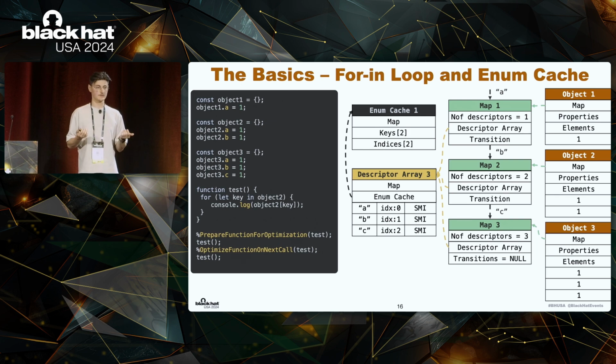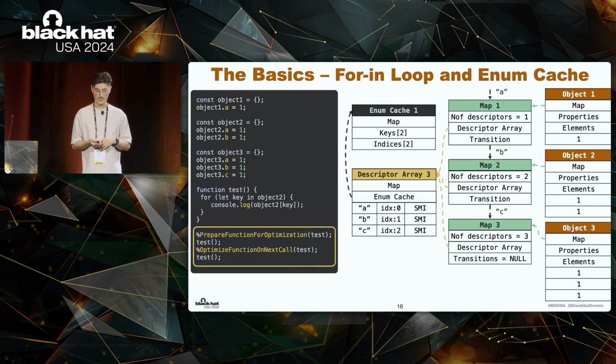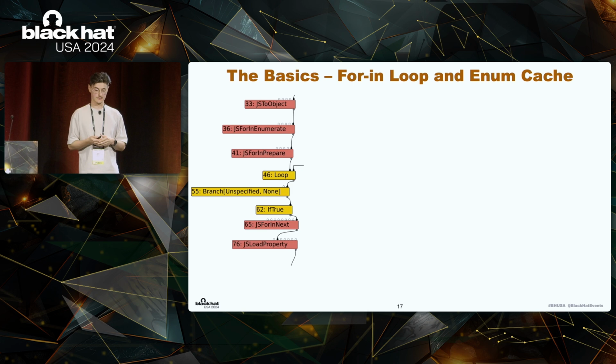Now let's see what is actually happening if we optimize the for-in loop. So let's put that for-in loop into a function test, and let's optimize it using those built-in functions here. What will happen is that the sea of nodes that is representing the JavaScript code that you can see on the left here will actually be reduced by the JIT compiler called TurboFan in order to optimize those nodes.